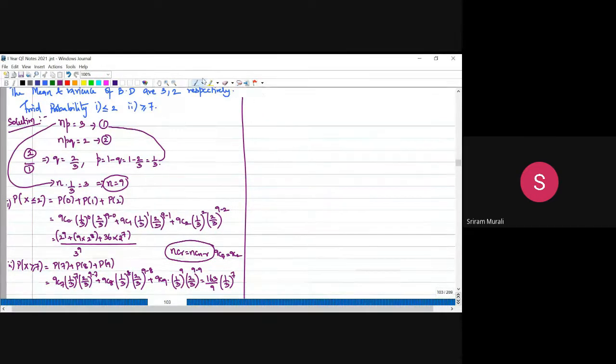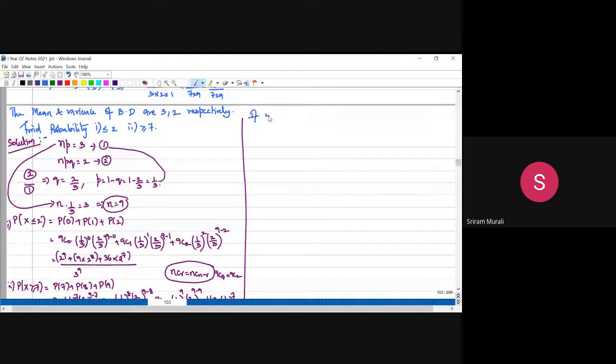So next problem on Poisson. If 5% of the items produced by a factory are defective, find the probability in a sample of 100 items.